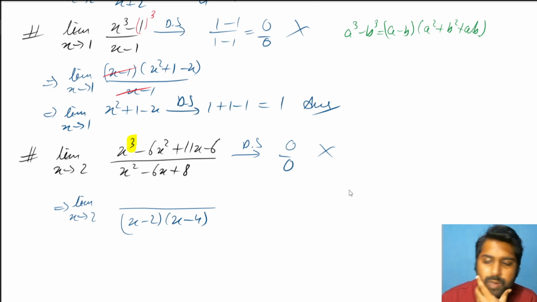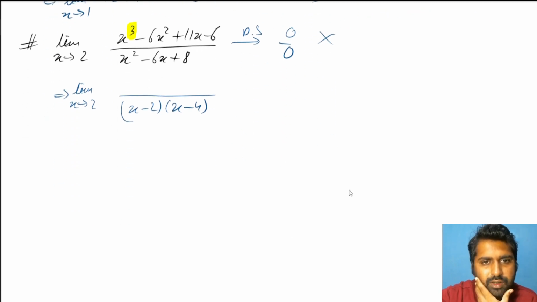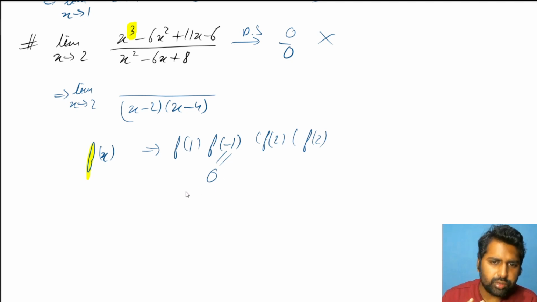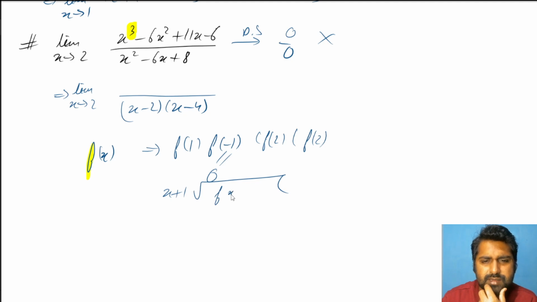The method to actually factorize a cubic function is, first of all, consider this as f of x, then calculate f of 1, f of minus 1, f of 2, f of minus 2, any one value. Let's say this one becomes 0. Okay. And so you will say that x plus 1 is a factor, then you divide the function. This is something from grade 9th. You can search it, factorization of cubic.